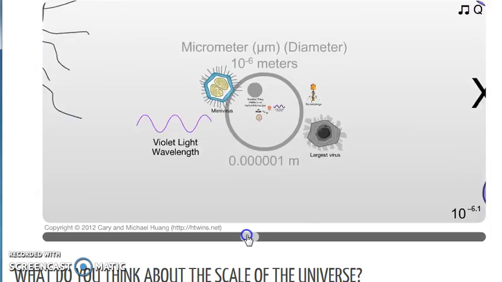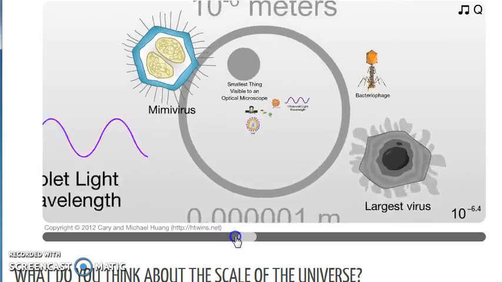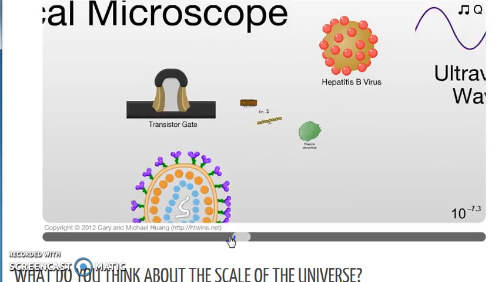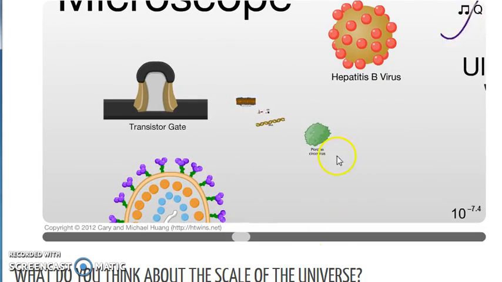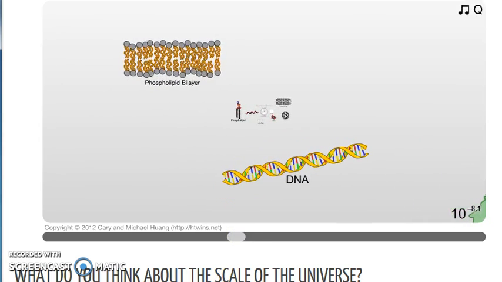So we're smaller than cells, smaller than the viruses that make you sick, smaller than light wavelength, violet light. All right, so we've got more viruses, so getting smaller. All right, the phospholipid bilayer here, this is what makes up the outside of your cell. So this is teeny parts, the DNA in the nucleus of your cell.